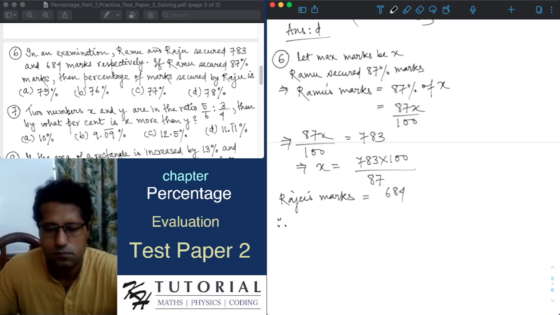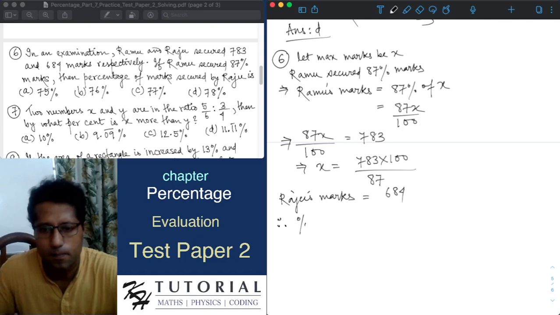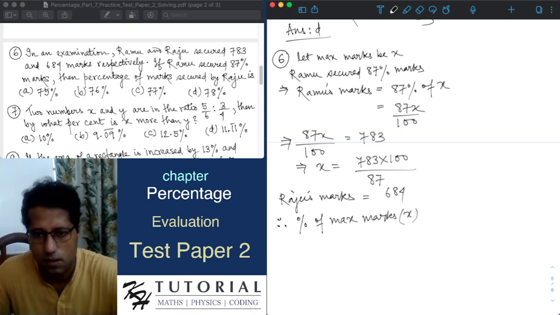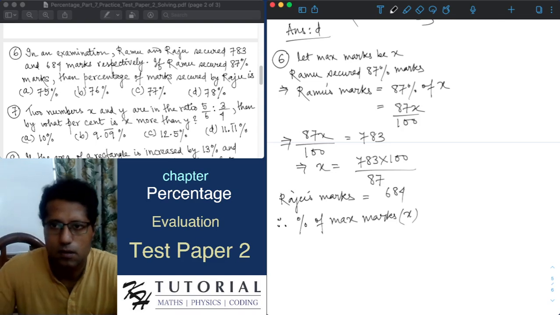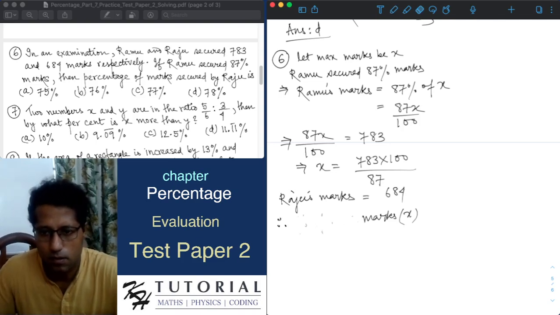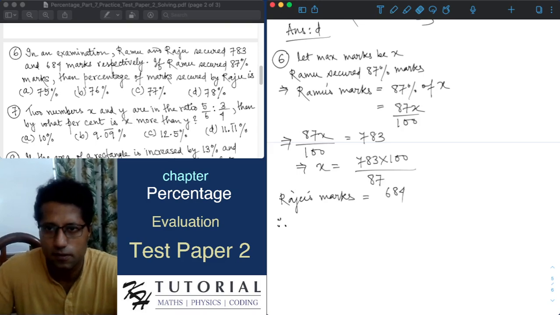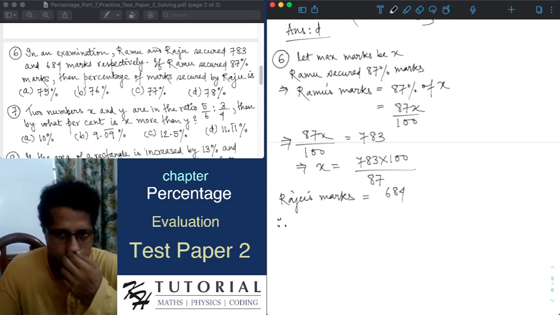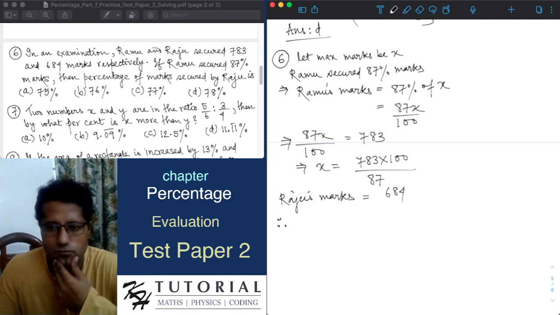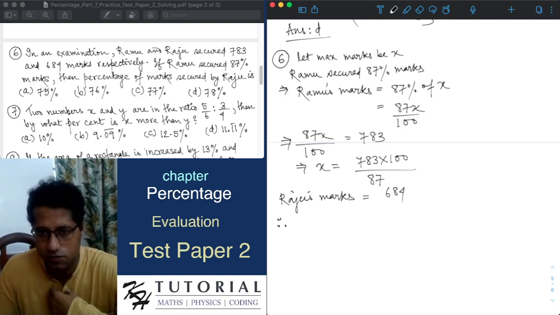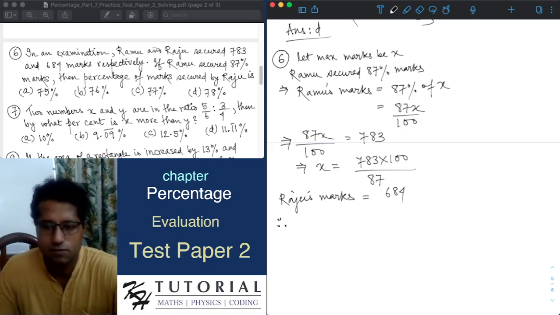Therefore, the percentage of max marks, which is X. Now we have to find what is the percentage of this 684 based on the maximum marks.